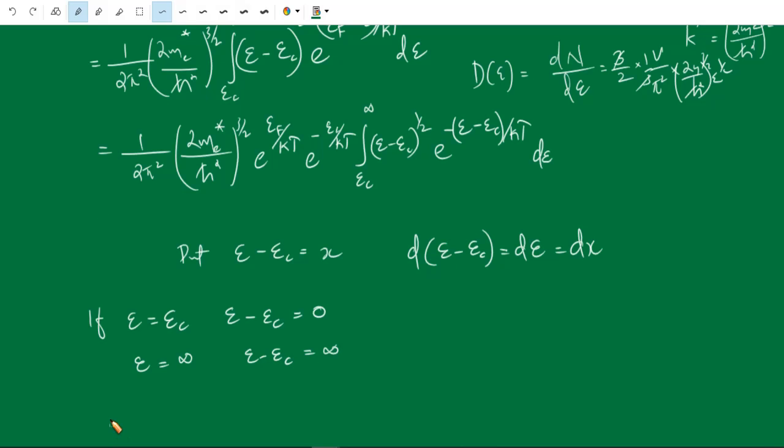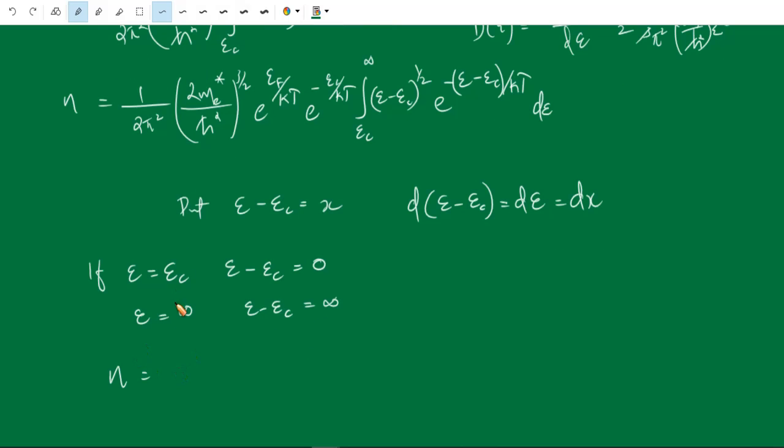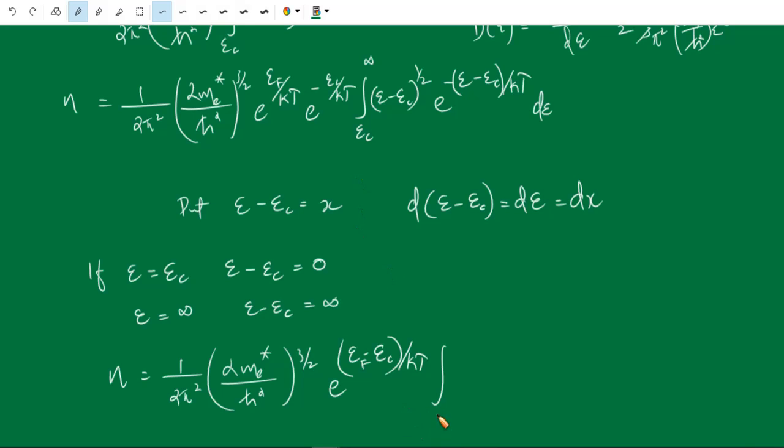So therefore the number density n, this equation over here will become 1 by 2 pi square, 2 m star by h cross square whole raised to 3 by 2, e raised to (EF minus EC) divided by kT, integral, lower limit will become 0, upper limit is infinity, 0 to infinity, (E minus EC) is x, x raised to half, e raised to minus x divided by kT into dx.